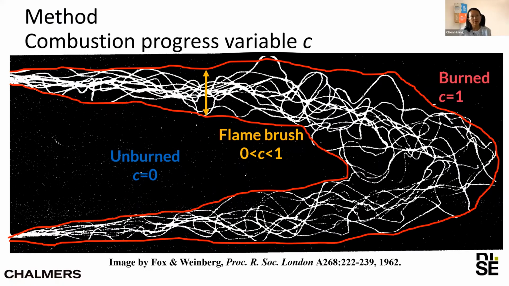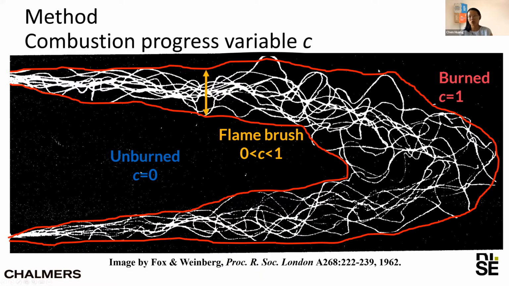And the method that we are using is based on the assumption that the dust burning process resembles that of a gas burning process, which means a premixed combustion process. We are using the concept of a combustion progress variable, which has the physical meaning of the probability of finding the burned products.